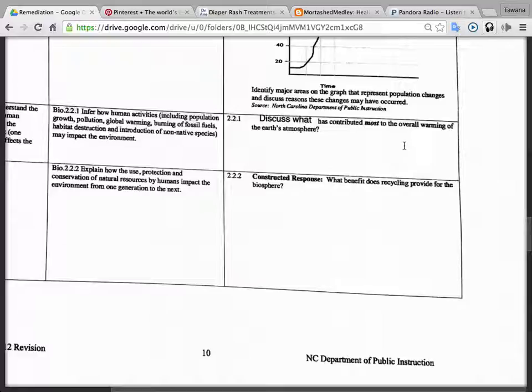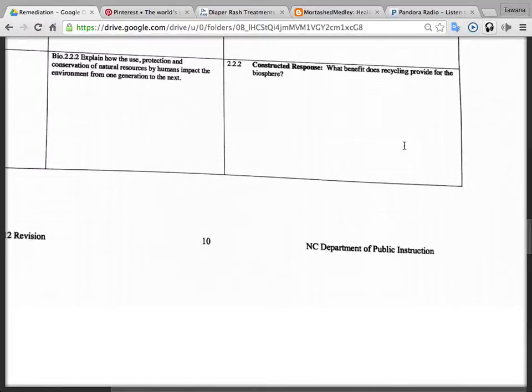This is 7th and 8th grade review, and 9th grade. What contributes to global warming? Say it louder. Fossil fuel. Very good. Moving on. Stay there, Applehead.